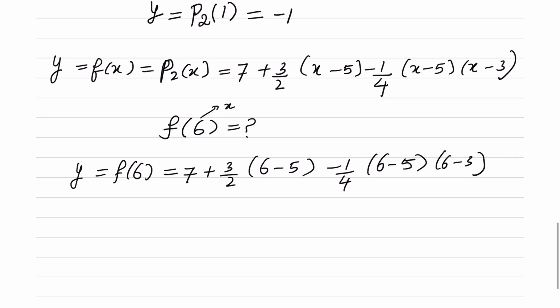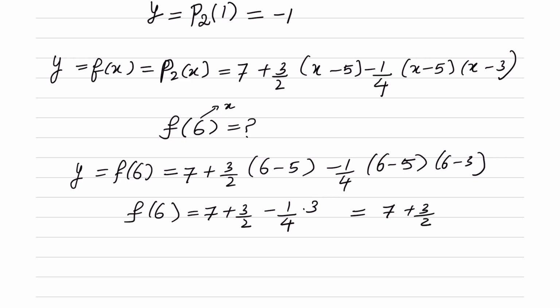We get 7 plus 3 by 2 into 6 minus 5, which is 1, minus 1 by 4 into 6 minus 5, which is 1, into 6 minus 3, which is 3, and 3 into 1 is 3. So we have 7 plus 3 by 2 minus 3 by 4.